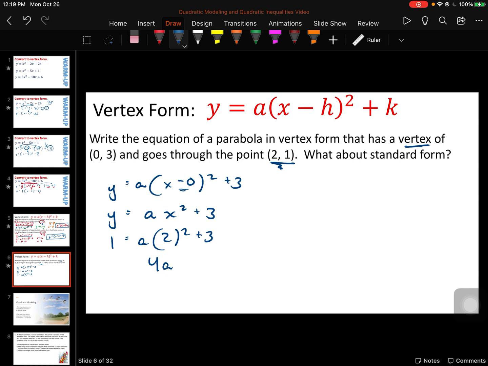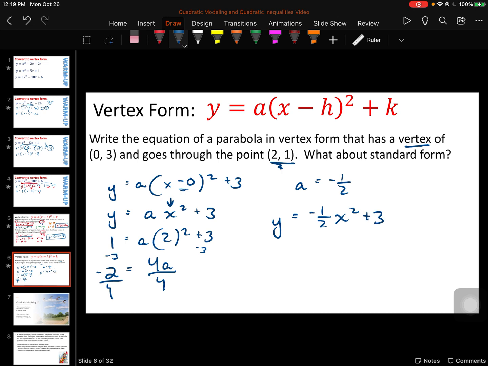This is 4a. I'm going to subtract 3 from both sides. 4a equals -2. Divide by 4 on both sides. We get a is -1/2. My equation is y equals -1/2 times x squared plus 3.